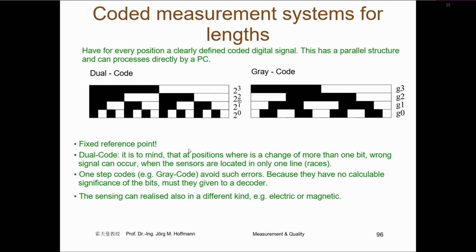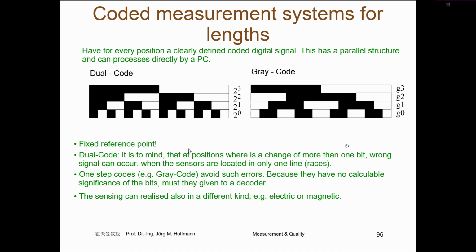With a dual code, you can calculate the number, but with a gray code, you cannot calculate the number. Therefore, here is written grey 0, grey 1, grey 2, grey 3. That means that it is like a picture. That is not to calculate like a dual code.